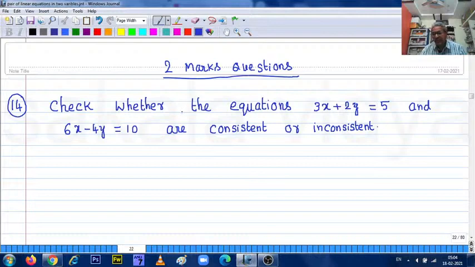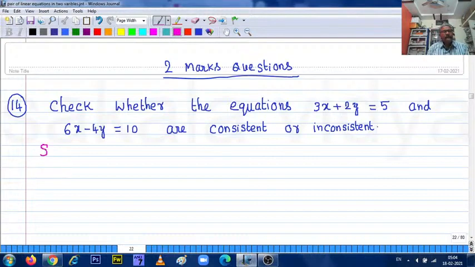If they have a unique solution or many solutions, then we say they are consistent. No solution means inconsistent. So let us proceed.